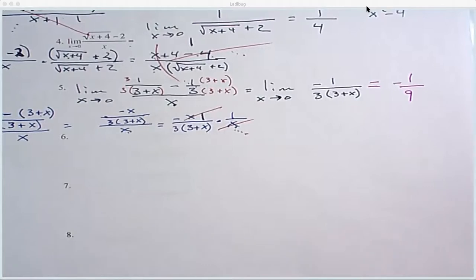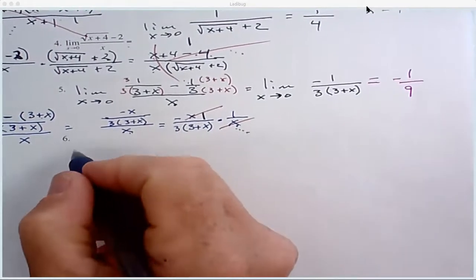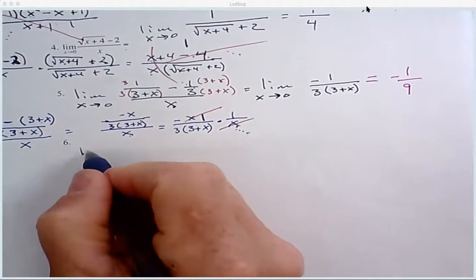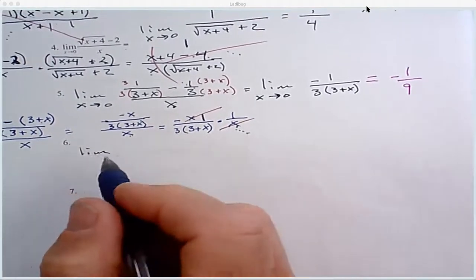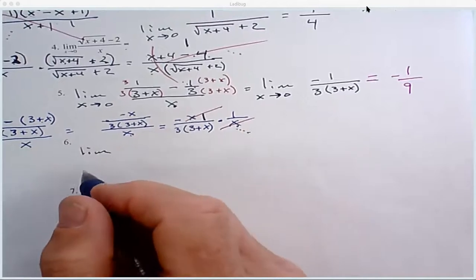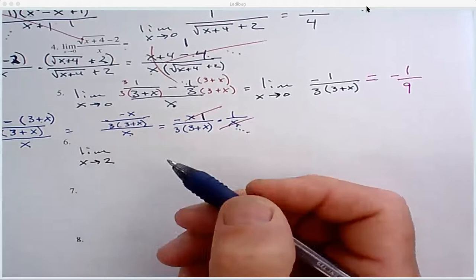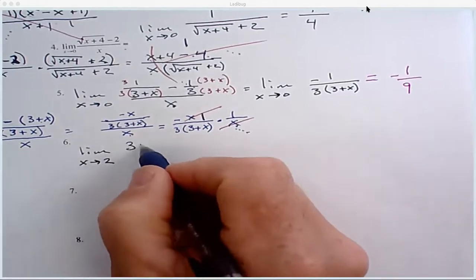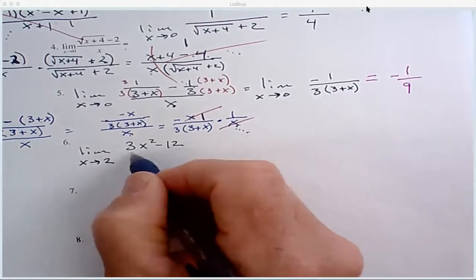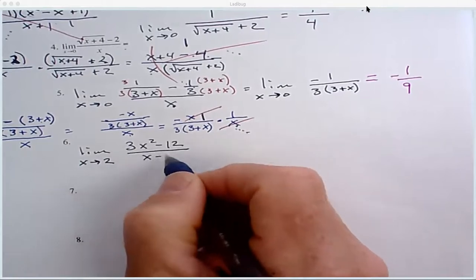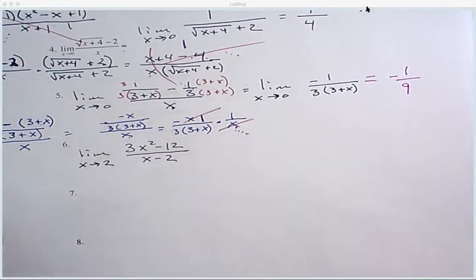All right, I'm going to call on some people. And here's the problem. The limit as x approaches 2 of 3x squared minus 12 divided by x minus 2. Noah Jensen, what do you think I should do?